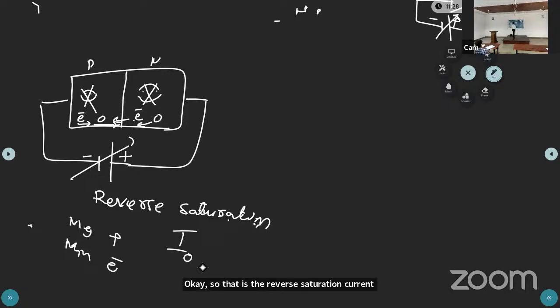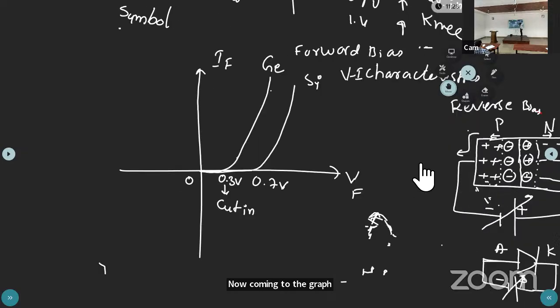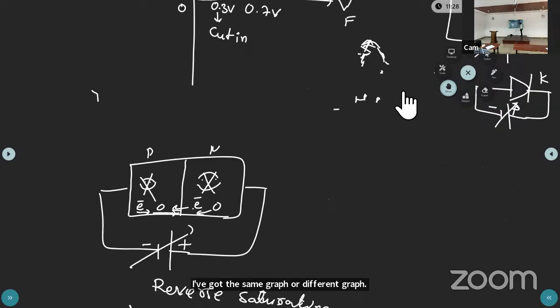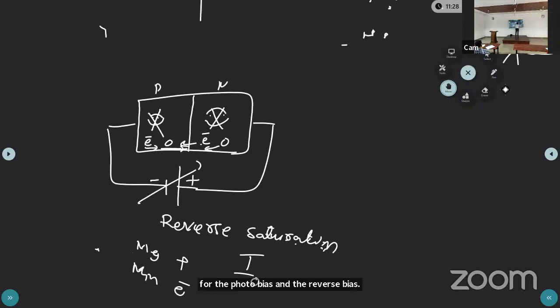Now coming to the graph. We'll take a different graph for the forward bias and the reverse bias. Now we can draw the graph.